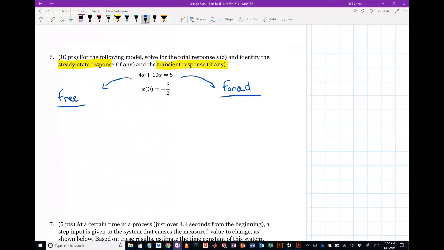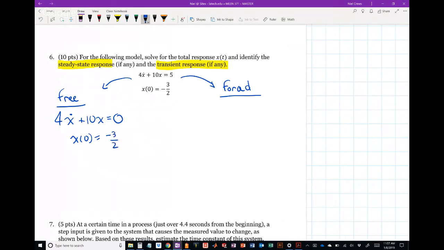So for the free response, we're going to solve x dot plus 10x equals 0 with x of 0 equal to negative 3/2.